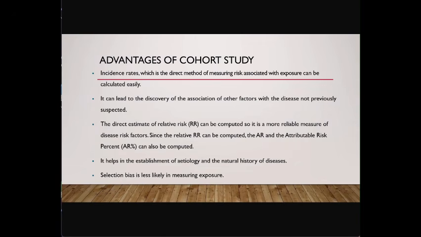cohort study can help us establish disease etiology. Disease etiology means disease causation, what caused the disease. Even though that is not in the strict sense of it, we say the natural history of the disease, okay?